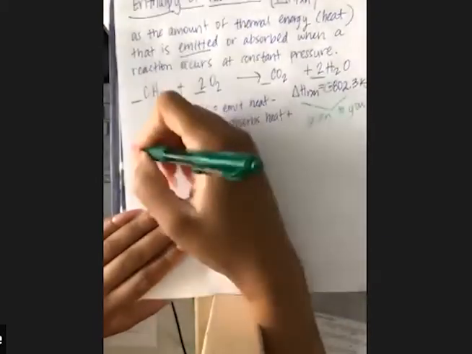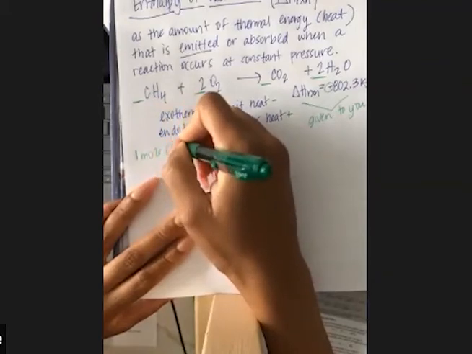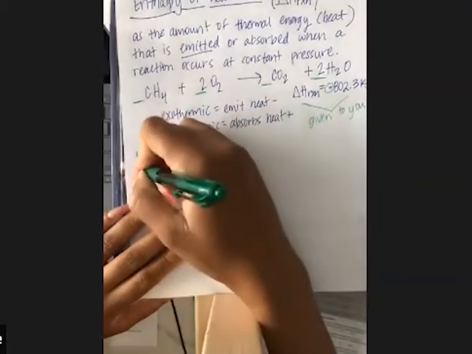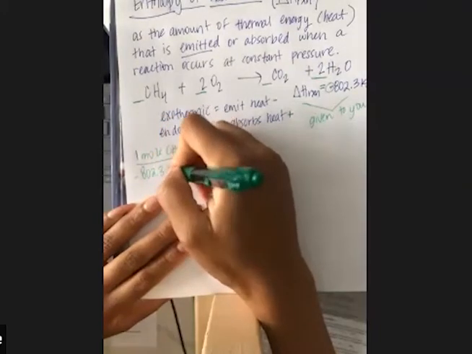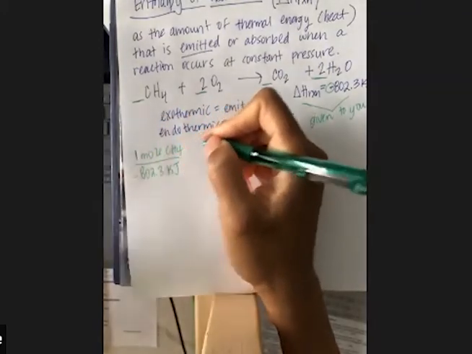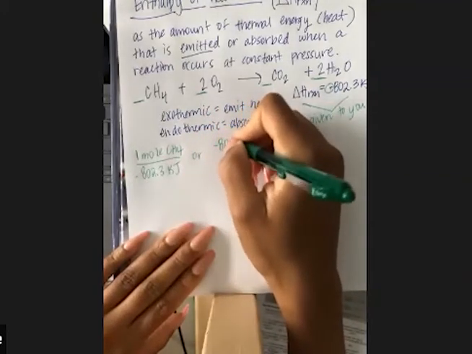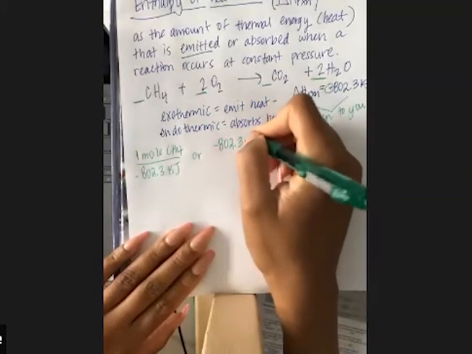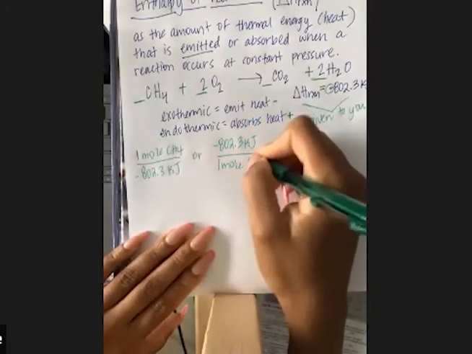So we can set up similar ratios, saying 1 mole of CH4 is going to give us negative 802.3 kilojoules of heat. Or we can write it vice versa: negative 802.3 kilojoules of heat gives us 1 mole of methane.